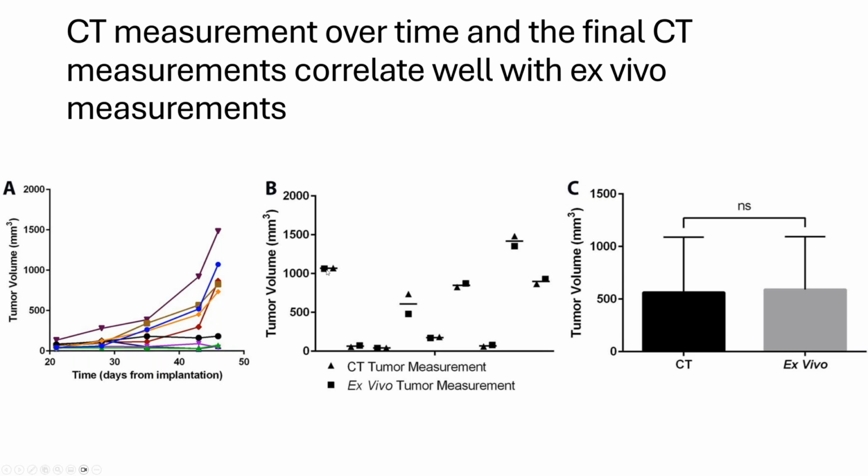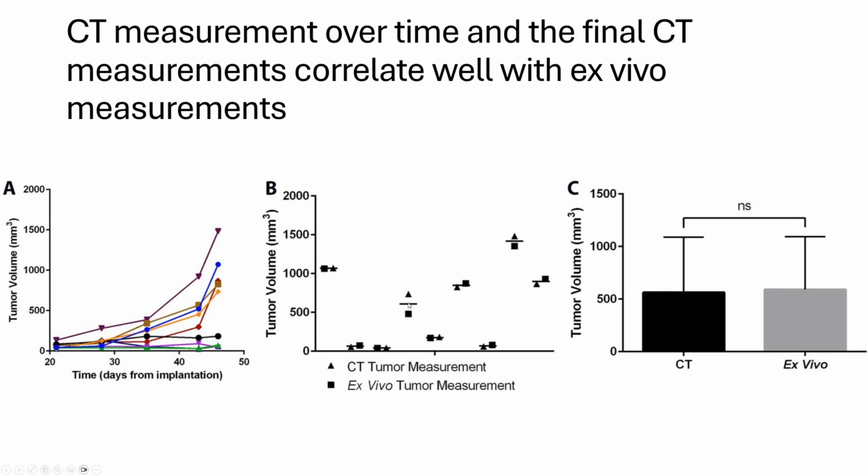And at the end, so at this 45-day time point, we did one final measurement using the CT, and then we took the tumors out and then we measured them with the calipers. And you can see for about every tumor that we've got, so this is each animal, that we're getting really nice, consistent measurements between both the CT and what we were able to observe with the calipers.